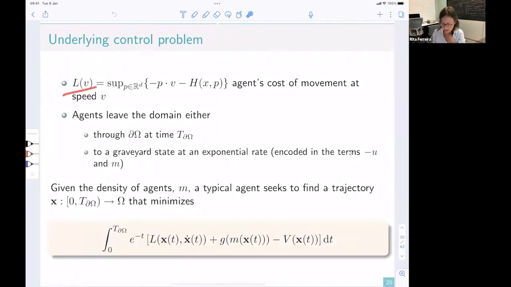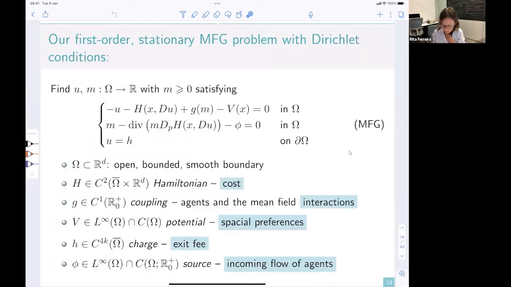So the Lagrangian, which is the Legendre transform of the Hamiltonian, models the cost function of an agent when moving at a speed v, and agents can leave the domain through the boundary at a certain time t, or they can leave the domain to a graveyard state at an exponential rate, which is encoded in the terms minus u and m appearing here in our system.